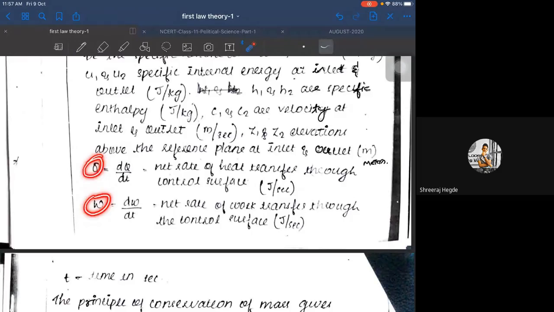I have said heat and work are always important in thermodynamics. So capital Q is your net heat rate, whereas capital W is your net work rate, where t is time in seconds.